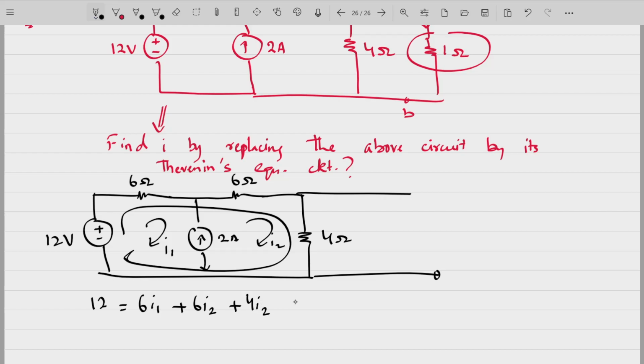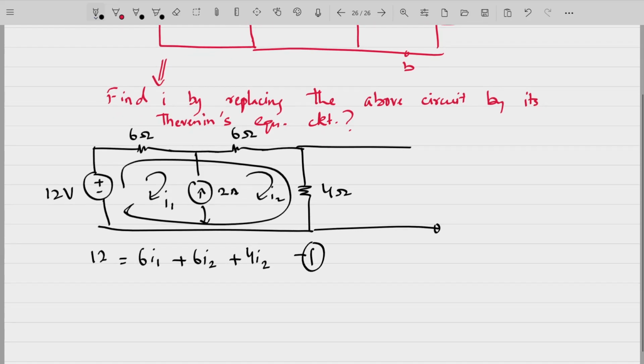Fine. So that is one equation, and also from this middle current source, I1 minus I2 is equal to 2 amperes. 12 is equal to 6I1.